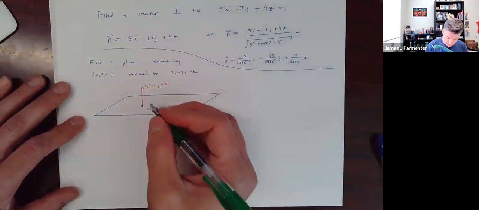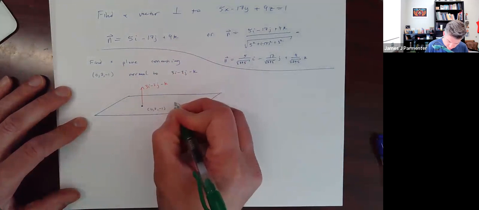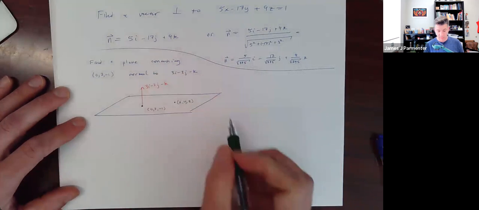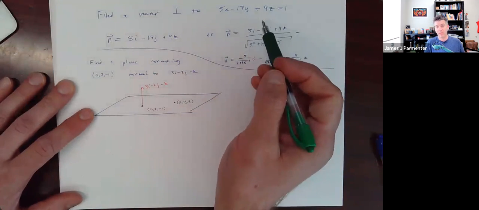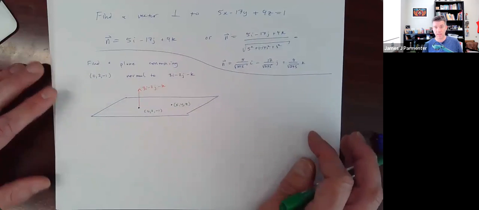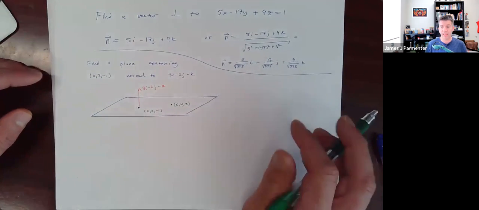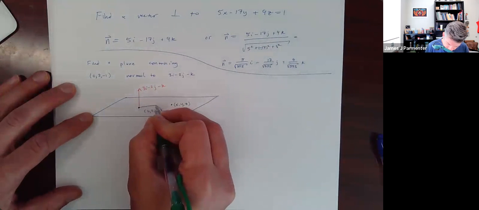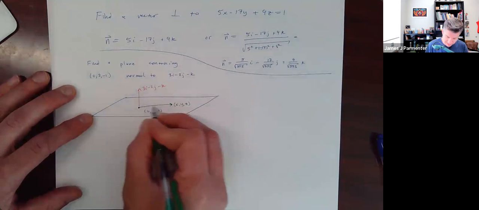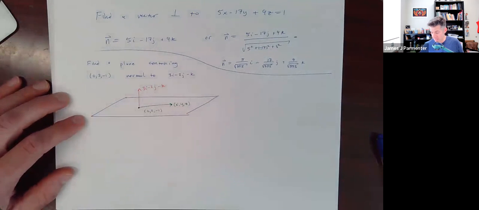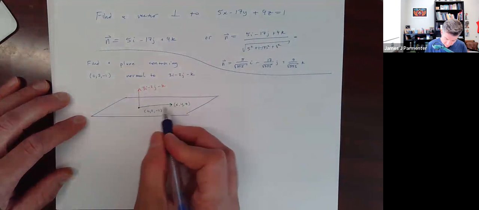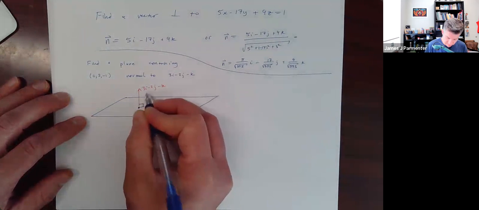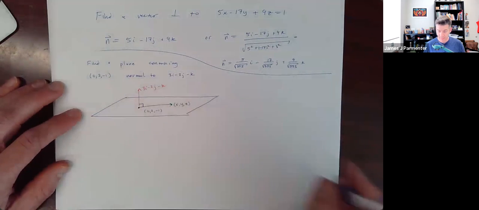And what we're going to do is say, let's say I want to describe any point in the plane, x, y, z. Because when you're writing this equation, that equation is describing any point in the plane, just like the equation of a line describes any point on a line. But notably, the vector from that point to that point is in the plane, meaning the vector from (0, 2, -1) to (x, y, z) is perpendicular to the vector 3i minus 2j minus k.